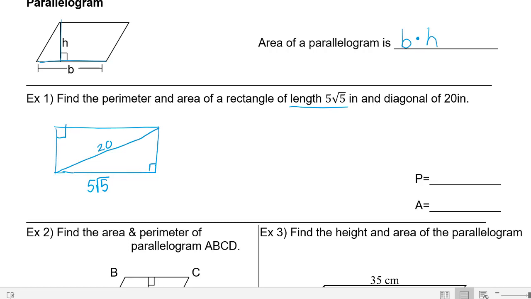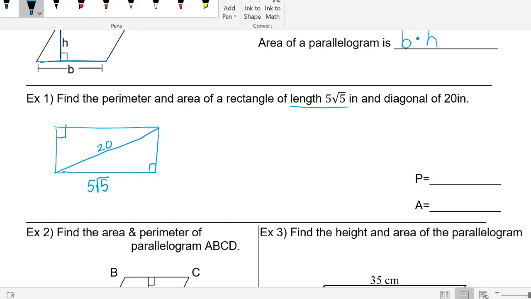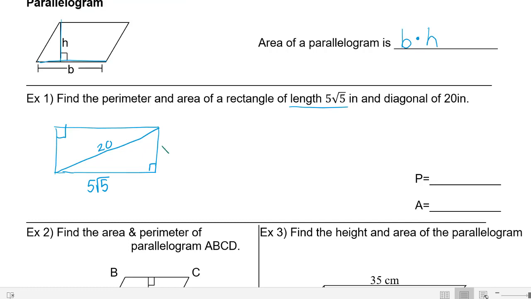Again, finding that perimeter or that distance around the outside, I know that I need to find my missing side of x. So I can apply Pythagorean theorem, right? There's no shortcut to this one, unfortunately, to solve for that missing measurement. I'll simplify. If you plugged that into your calculator, make sure that 5 root 5 is all in parentheses and squared.